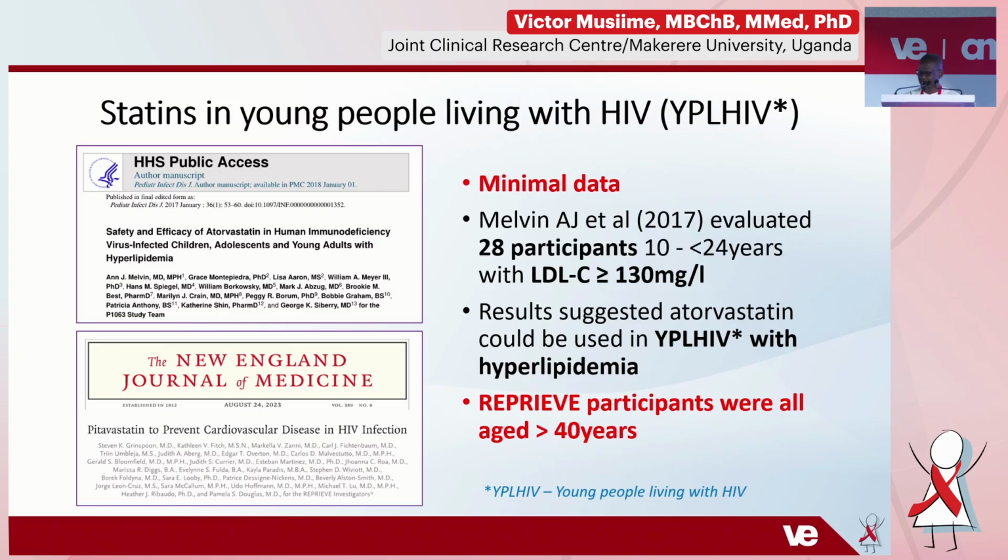For these people, they used atorvastatin, and it showed a reduction in the lipid levels. This was a safety and efficacy study in reduction of lipid levels, but not necessarily the cardiovascular events. So the retrieved participants, like Mosepele told you, were all over 40 years, very far from being young.